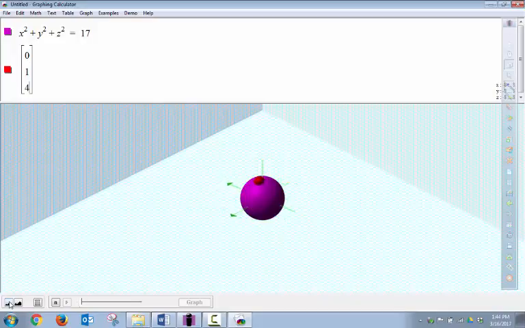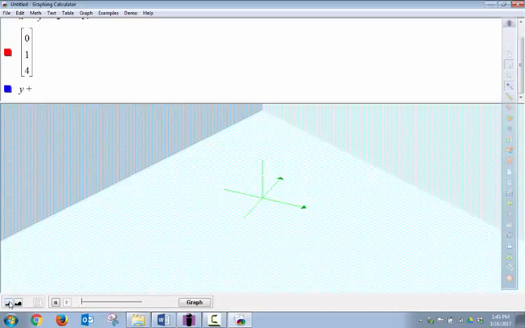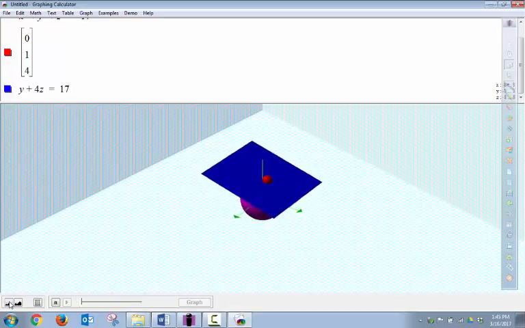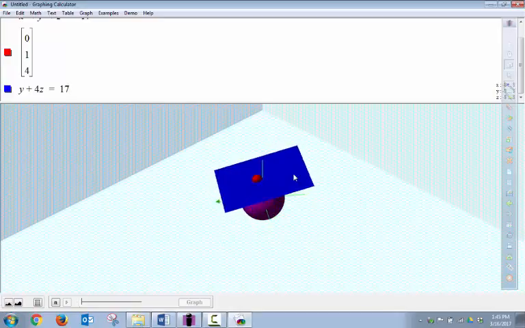So that should be parallel. I don't know, did we do something wrong? All right, let's put in the tangent plane. What is it? y plus 4z equals 17. I guess. I doubted myself.